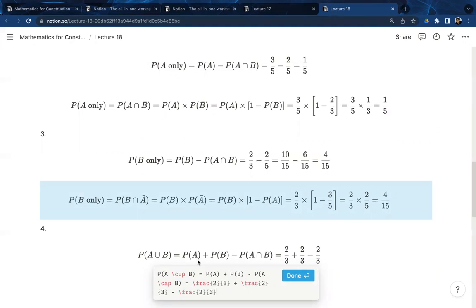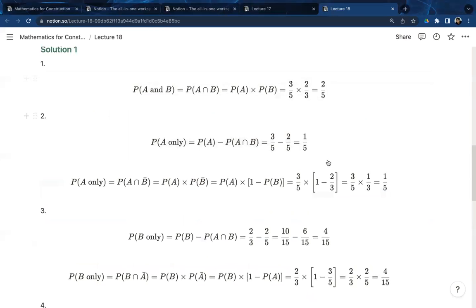So P(A), which is 3/5, plus P(B), which is 2/3, minus the intersection. And the intersection is 2/5, which we found up here.